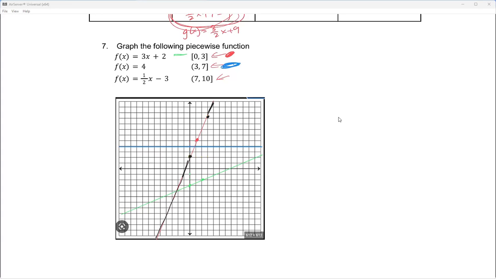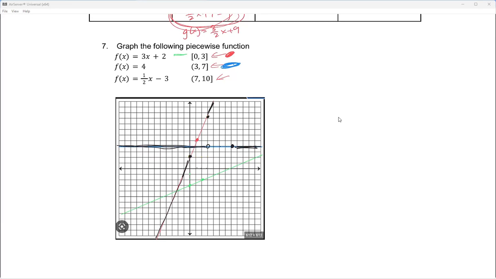All right. What about the blue line? The blue line, I only need it from 3 to 7. So at 3, open circle, 4, 5, 6, 7 right here. Everything else I don't need. All right. And then the last one is between 7 and 10.